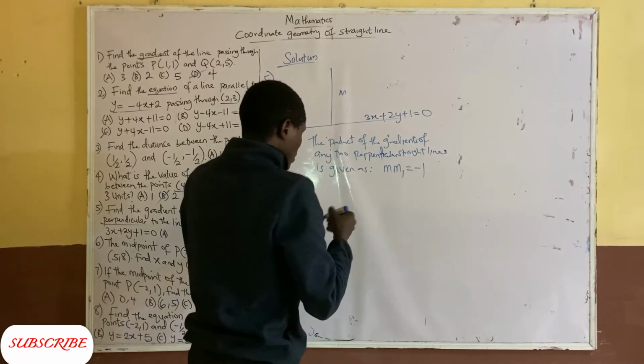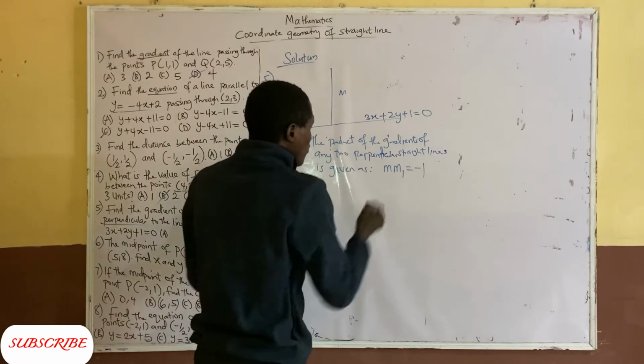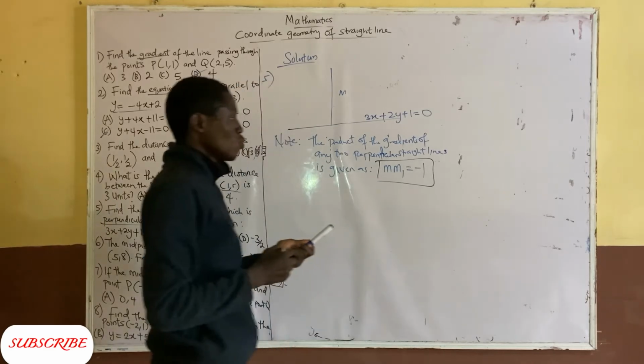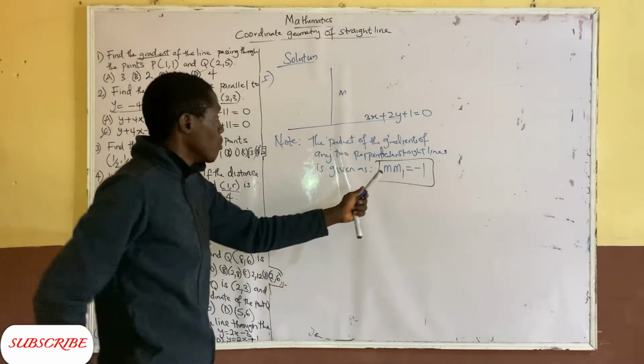Please note that this is very, very important: m multiplied by m1 equals minus 1.